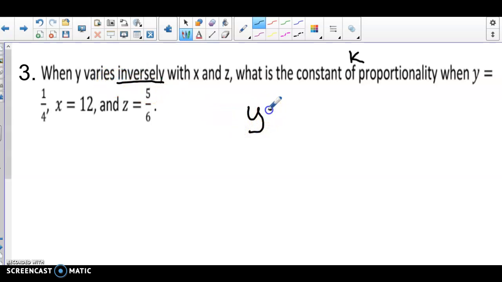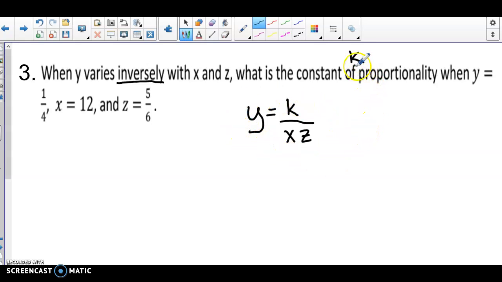I'm going to write y equals k times something. That's always how I start these. And it says inversely with x and z. In this combination problem, I know that an inverse variable here is always going to go in my denominator. So I'm going to divide k by both x and z. So that's the equation for this problem.